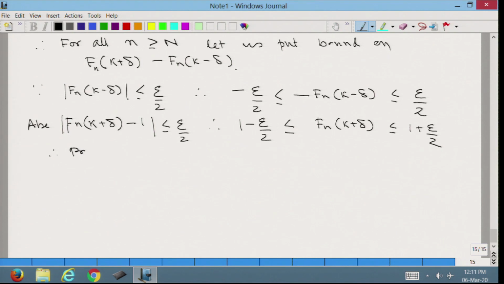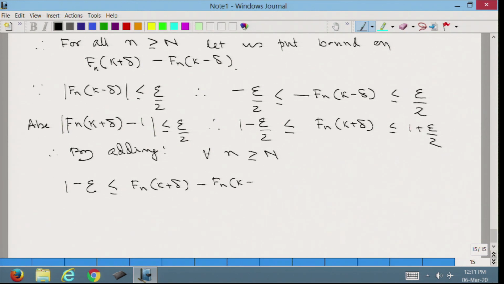Therefore, by adding, for all n ≥ n, 1 − ε ≤ f_n(k + δ) − f_n(k − δ) ≤ 1 + ε.